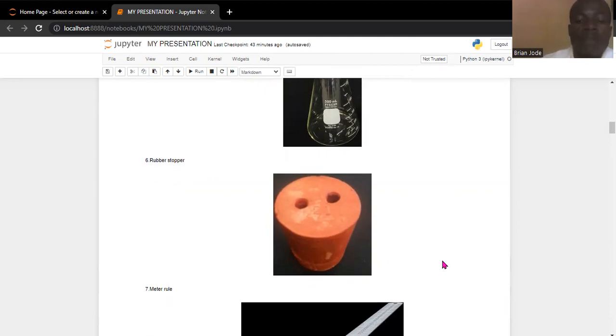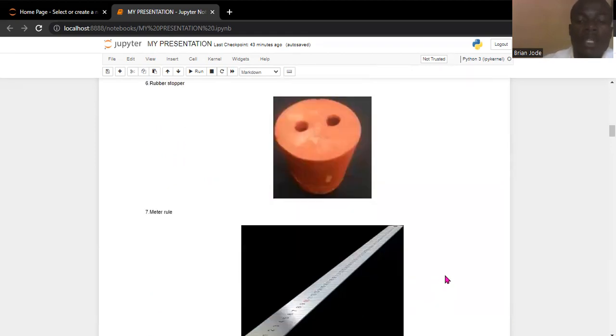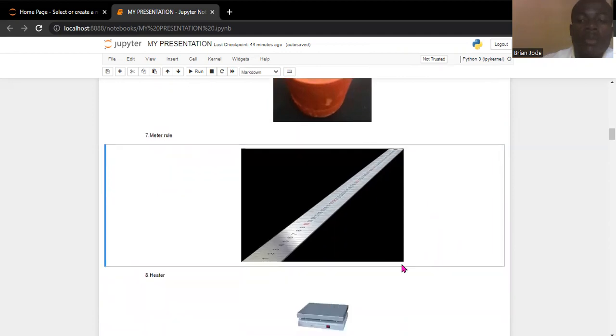And of course, we have a meter rule. The meter rule will be used to take the initial measurements of the metal rods, and also to record the final measurement of the metal rods after they have been subjected to heat.